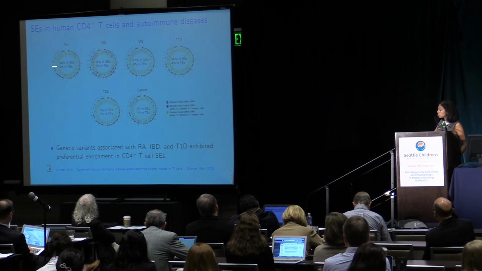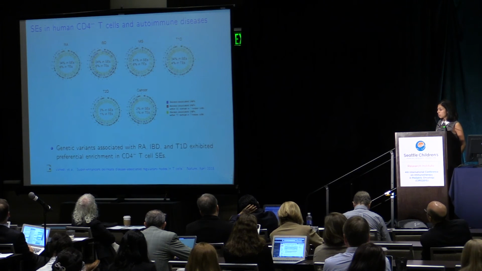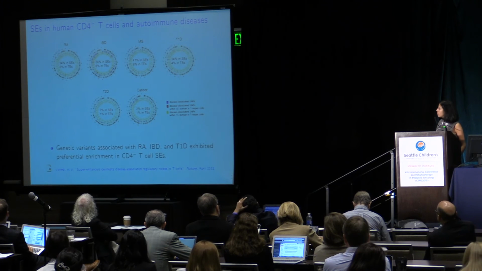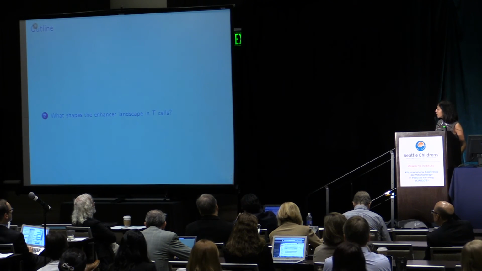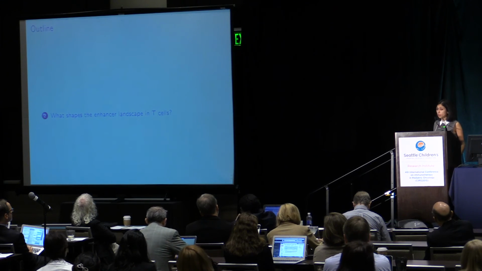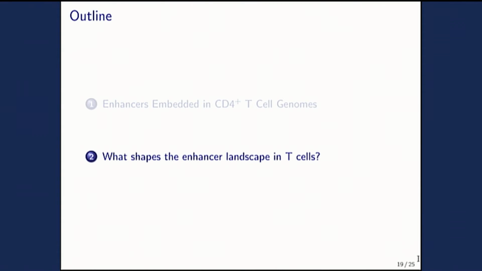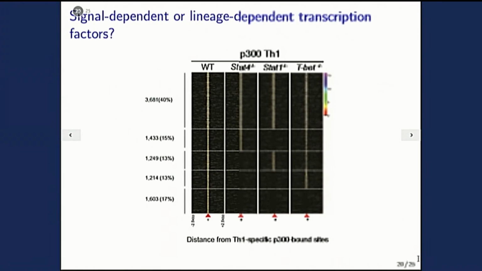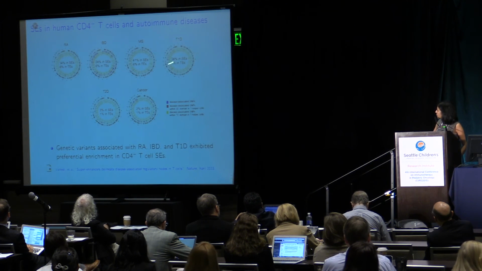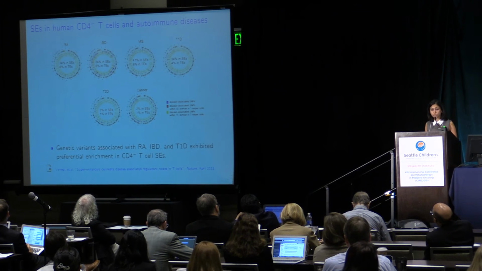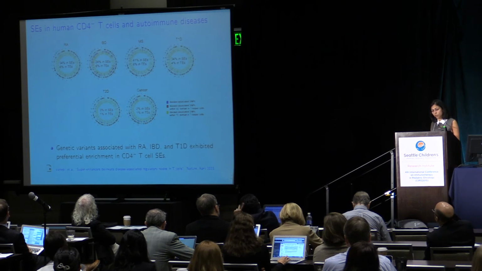So the super enhancers of T cells harbored a very large and statistically significant portion of genetic variants associated with rheumatoid arthritis, IBD, type 1 diabetes, and multiple sclerosis, diseases in which T cells are known to be key players.